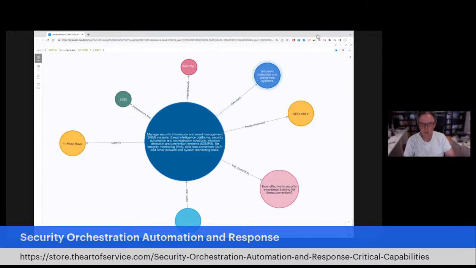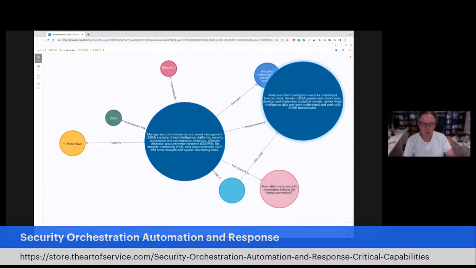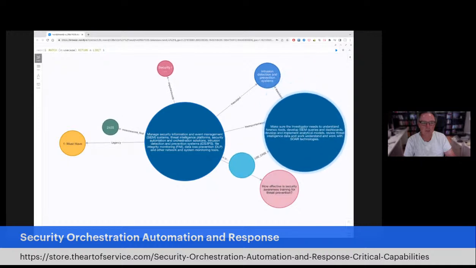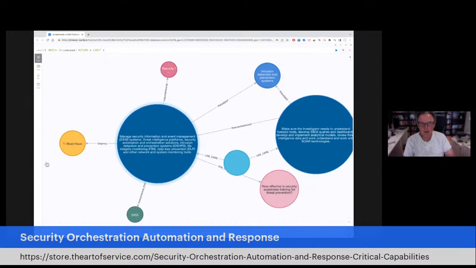I can double click on this one, and another one comes up: make sure the investigator understands forensic tools, develops SIEM queries and dashboards, develops and implements analytical models, reviews threat intelligence data, and understands and works with SOAR technologies. These are related to each other, they're must-haves, and they're the highest priority we have in place.